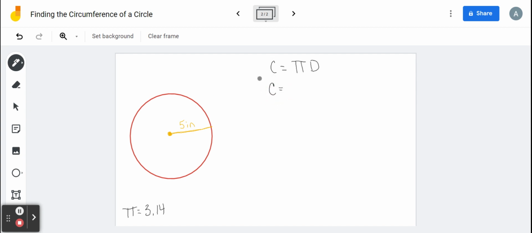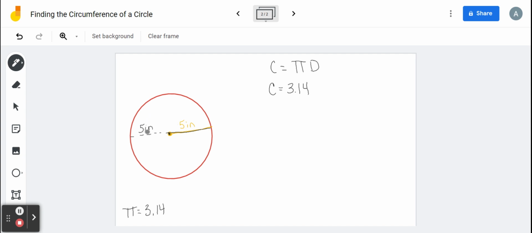Now we're trying to find the circumference. We know that pi is 3.14, but we don't know the diameter. Given the information we know about radius and diameter, we know that the radius is half of the diameter. So from this distance to here is 5, that means that from the center of the circle to the other side of the circle also has to be 5 inches.